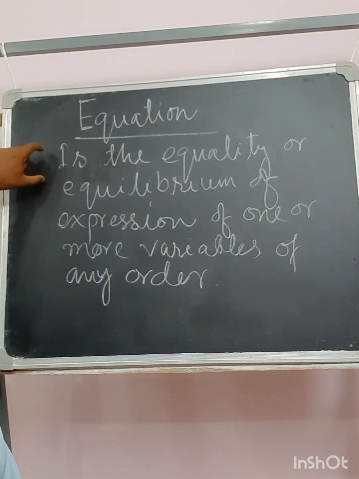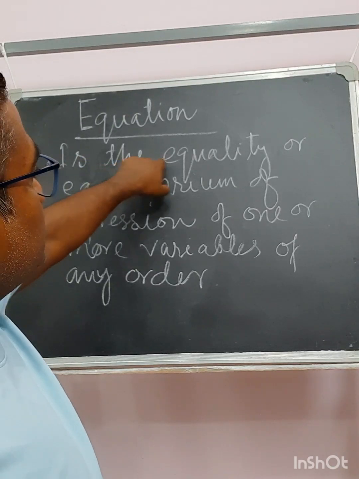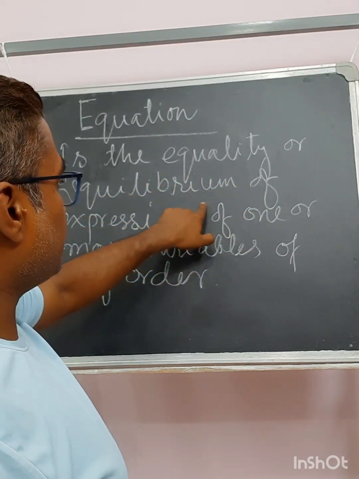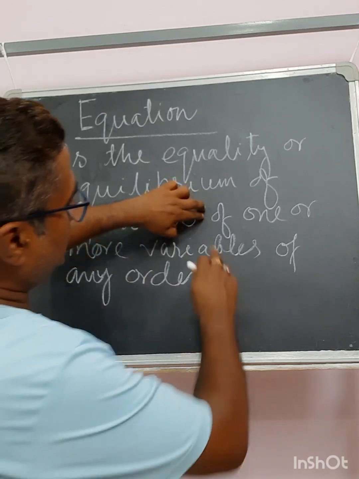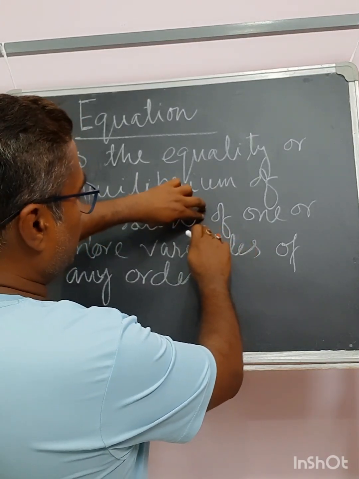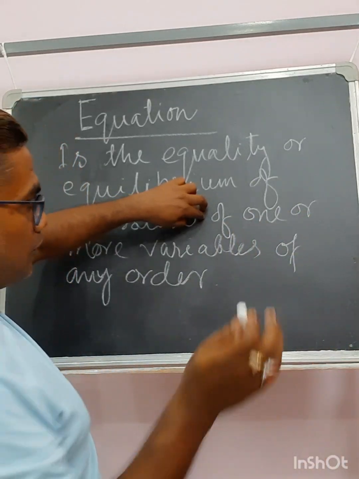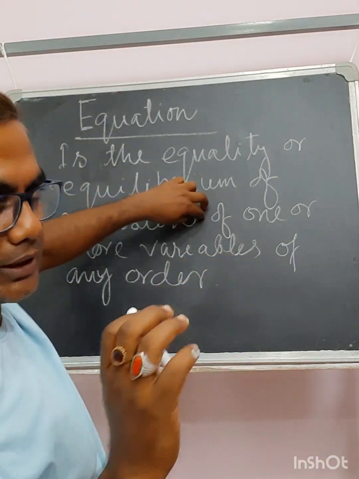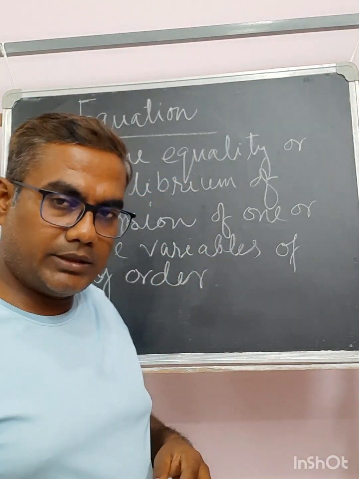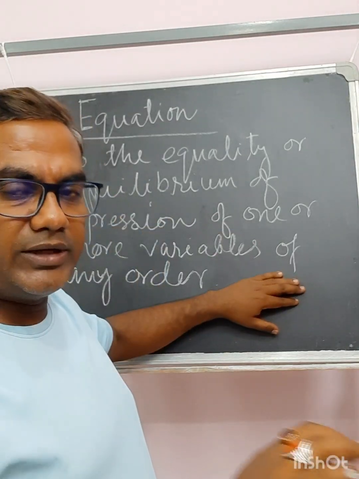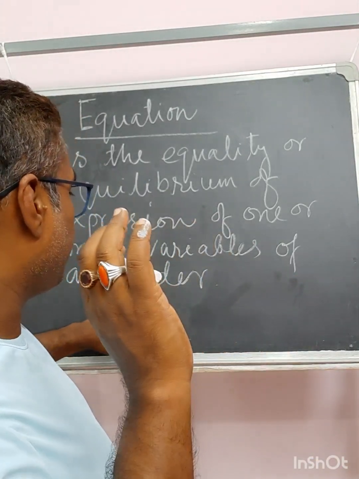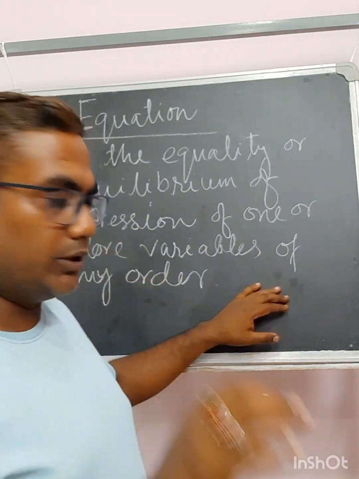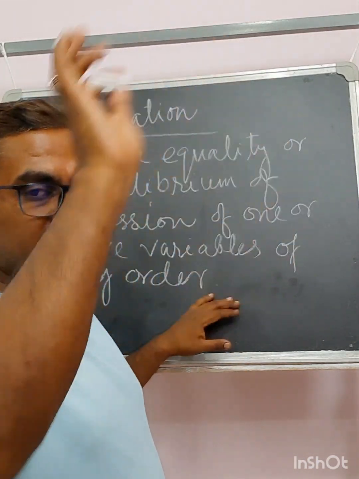Up to that I have explained that it is the equality or the equilibrium of expressions. Now further I am defining that an expression may consist of one or more variables in it, and the order of that variable could be anything, starting from 1 to any extent.